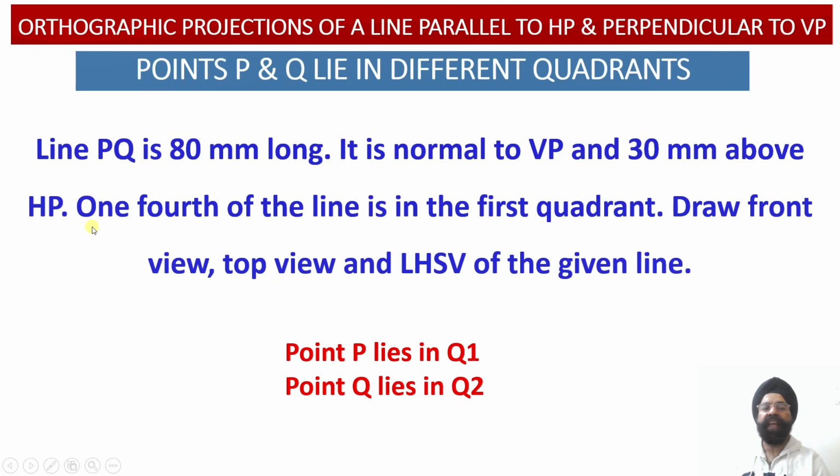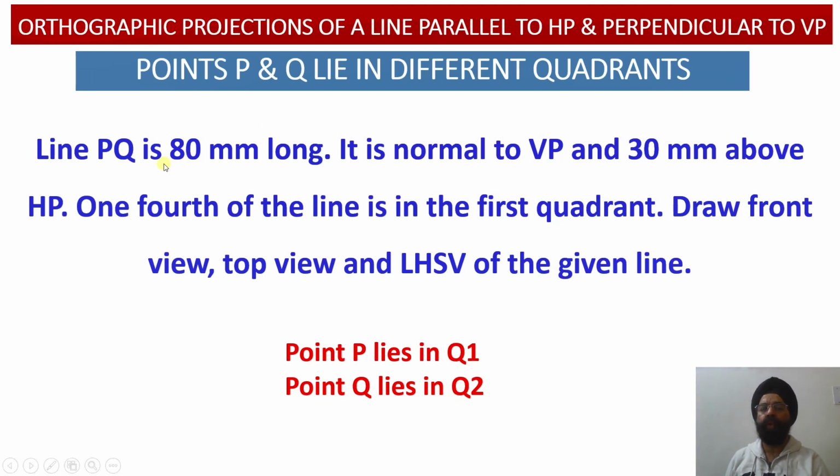Another piece of information available with us is that this line PQ lies 30 millimeter above the horizontal plane. And another special feature about this line has been provided to us: 1/4 of the line is lying in the first quadrant, while 3/4 of the line will be lying in quadrant number 2.